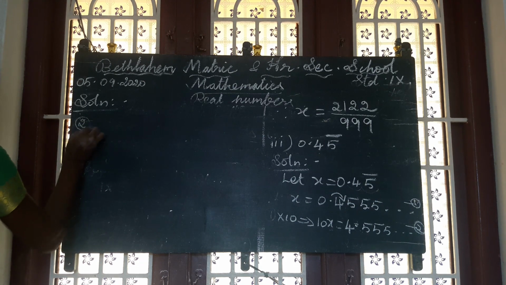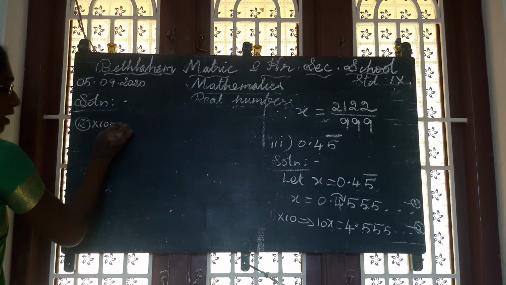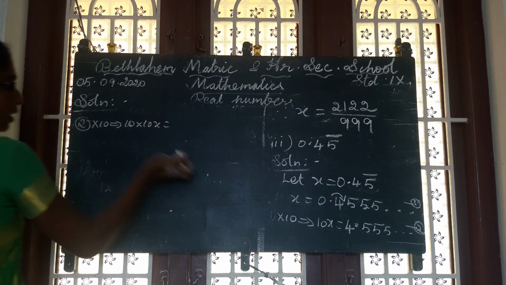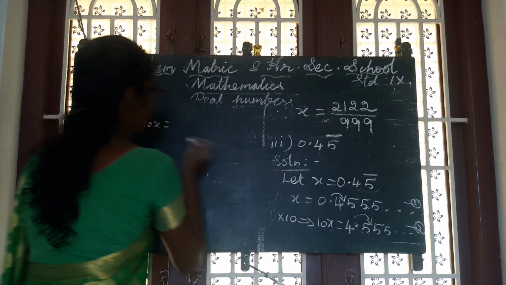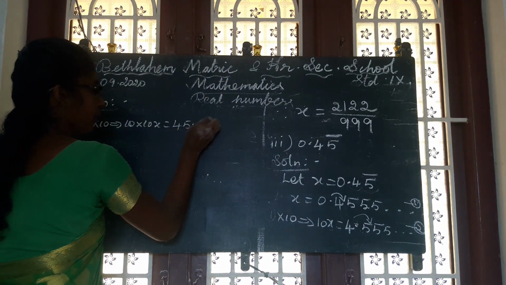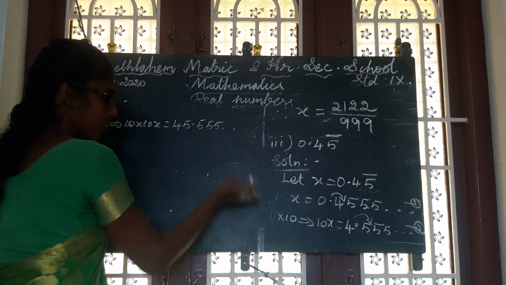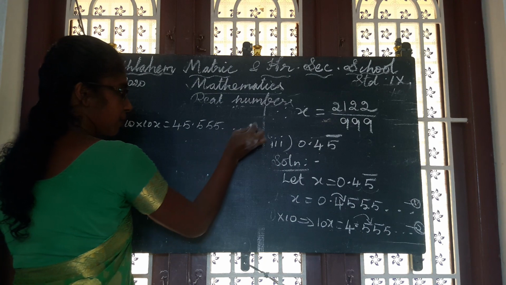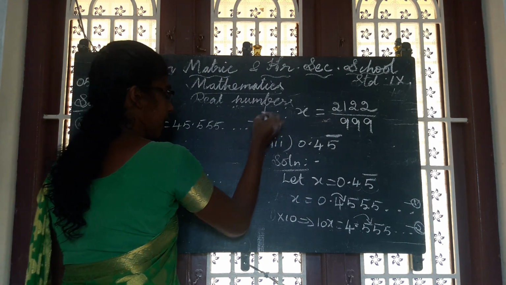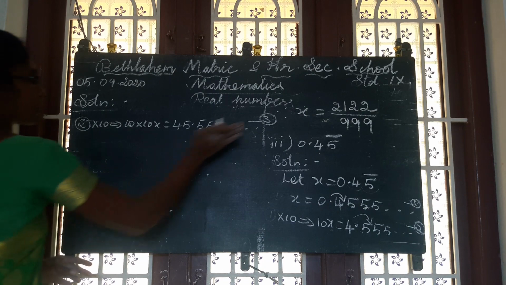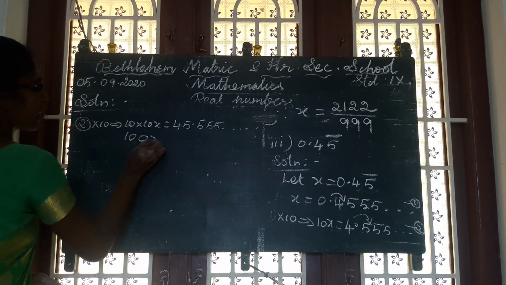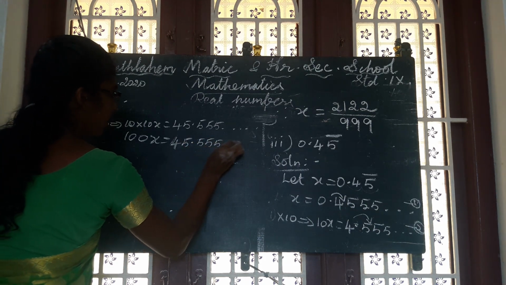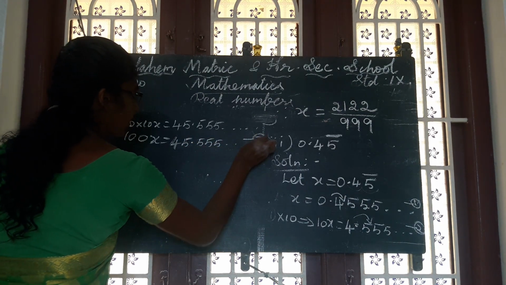Equation 2 into 10 means what will we get? 10 into 10x, this digit will move one place after, 45.555, etc. Here also 3 digits after the decimal point, afterwards I am putting etc. Take this as equation 3. That is 10 into 10x, 100x is equal to 45.555, etc. This is equation 3.